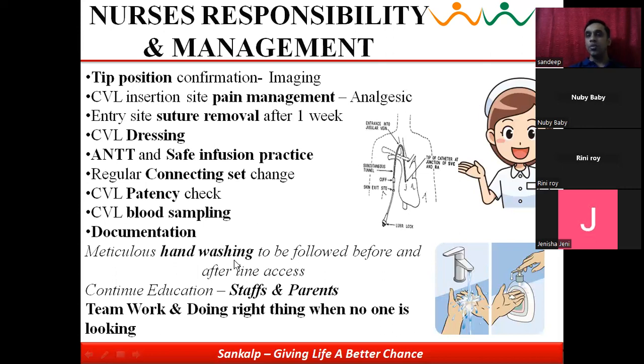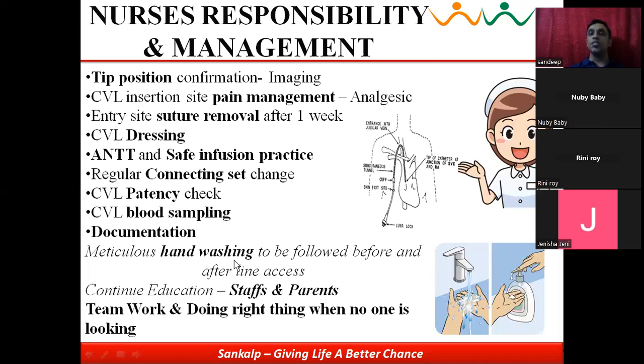Because many times what will happen, the patient may sweat badly, the central dressing may become loose, the sweat may enter inside, or the patient may vomit on the central line side. So hygiene is very important, and the patient has to take a thorough clean bath every day.